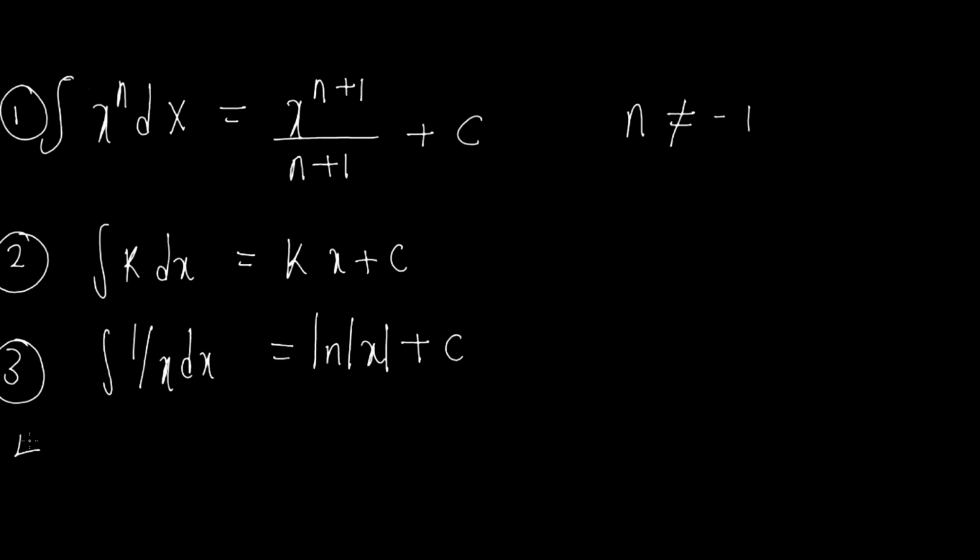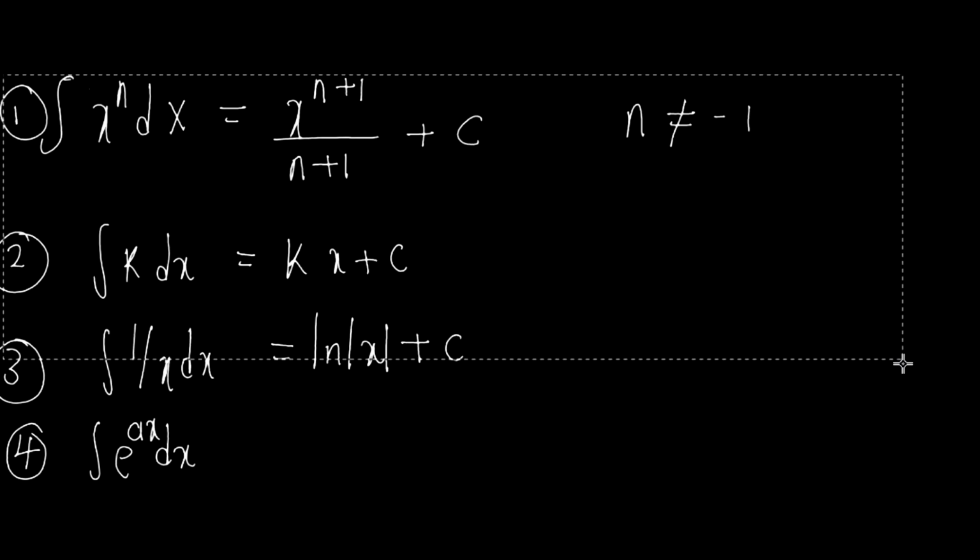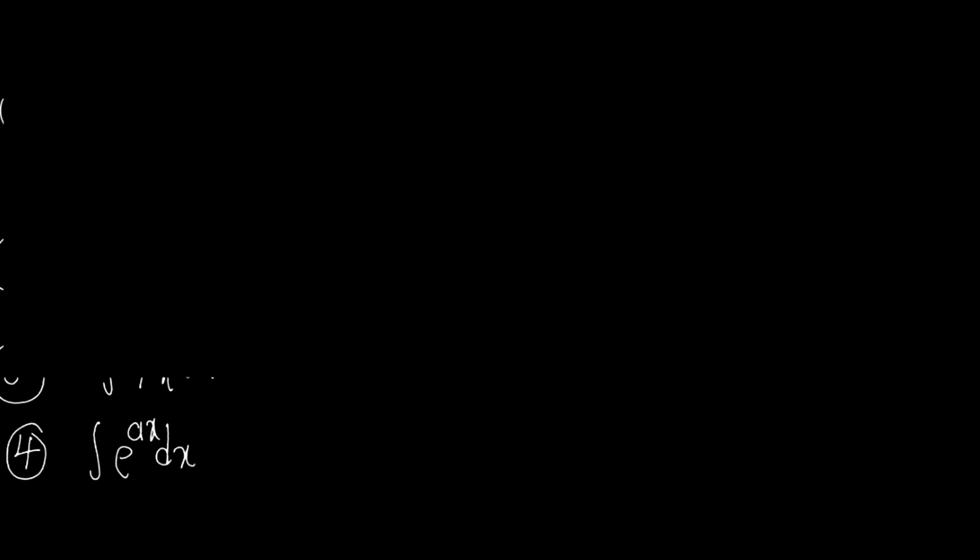And the fourth one is the integral of a to the ax dx. So let me just remind you something. Remember, when you differentiate d dx of a to the ax, you write a to the ax times the derivative of the exponent ax.